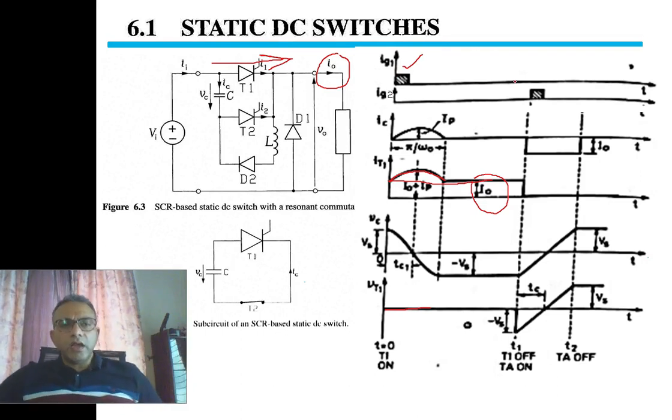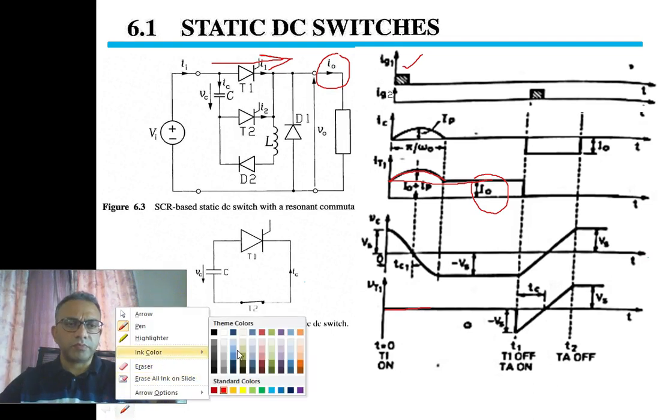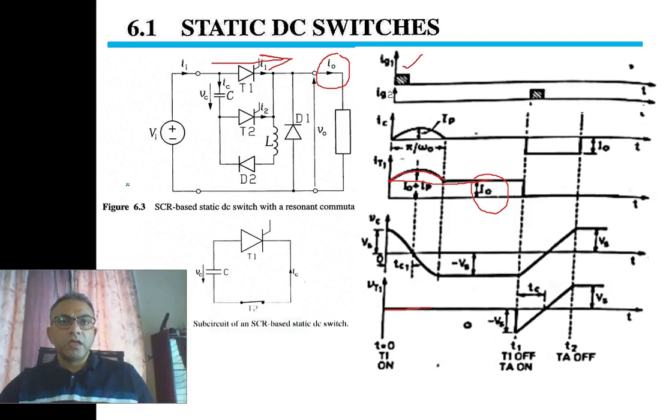Now let us assume that we want to turn off thyristor T1. What should we do? To turn off thyristor T1, we have to turn on thyristor T2.